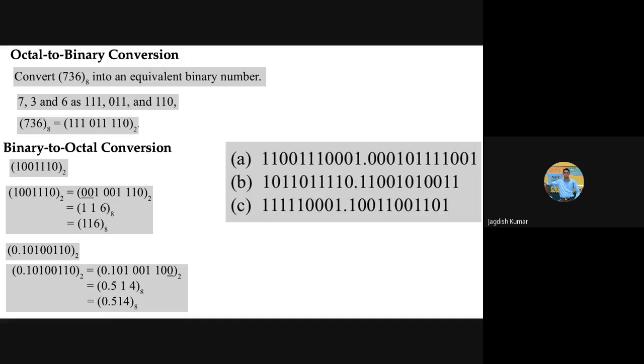I hope with this you are able to understand the octal number system and conversion from the octal number system to the binary number system. Here you can appreciate the octal number system in terms of its simplicity to convert from octal to binary and binary to octal.